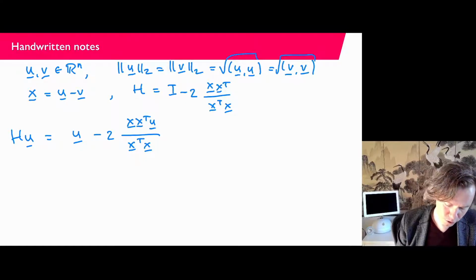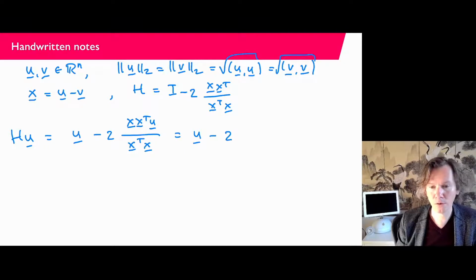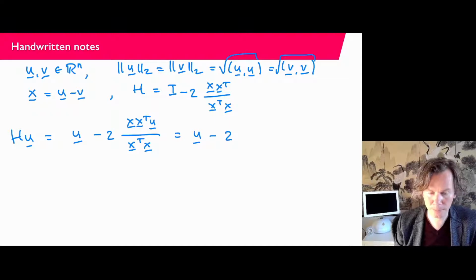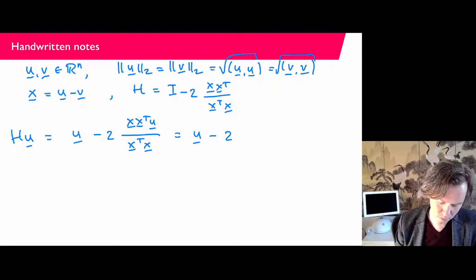Which is u minus 2. And then here we get, let's do it slowly, x transpose u, x transpose x times u.